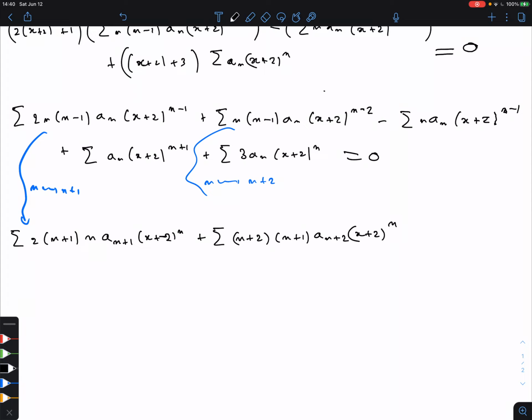Now we need to shift here again, n to n plus 1, so that is minus summation (n plus 1) a n plus 1 x plus 2 to the power n. Then this one needs to be shifted, and that's the shift where n is now replaced by n minus 1.